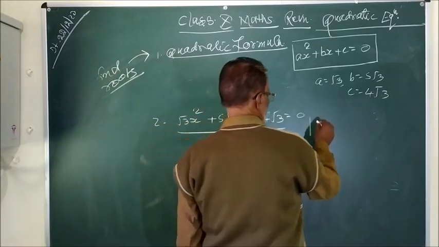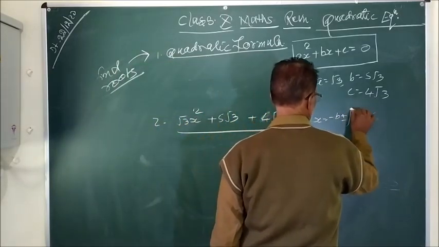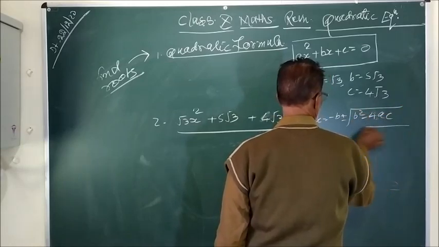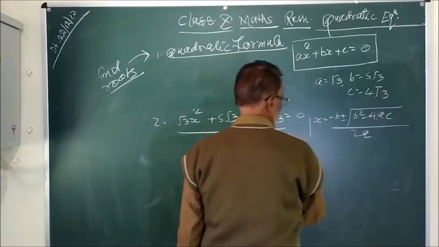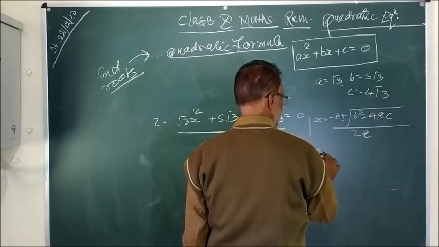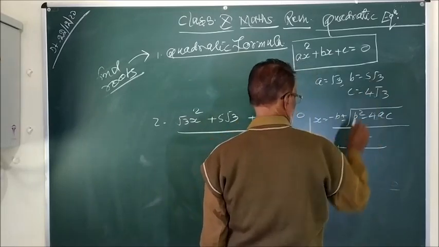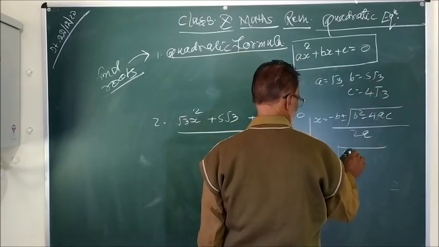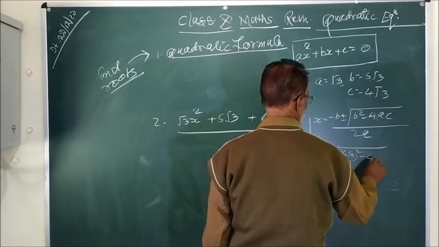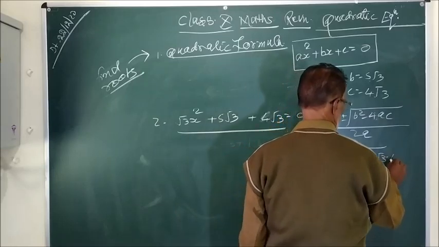Now x is equal to minus b plus minus the square root of b squared minus 4ac upon 2a. Now minus b means minus 5 root 3 plus minus the square root of 5 root 3 whole squared minus 4 into root 3 into 4 root 3.